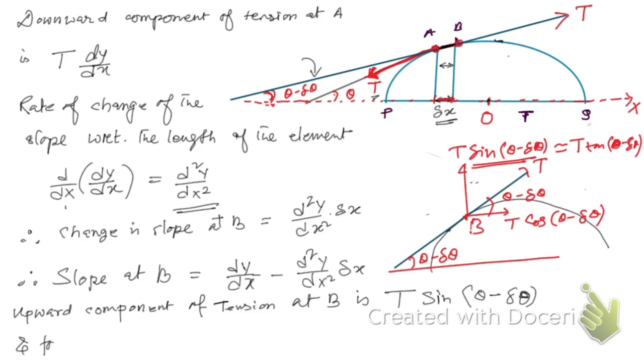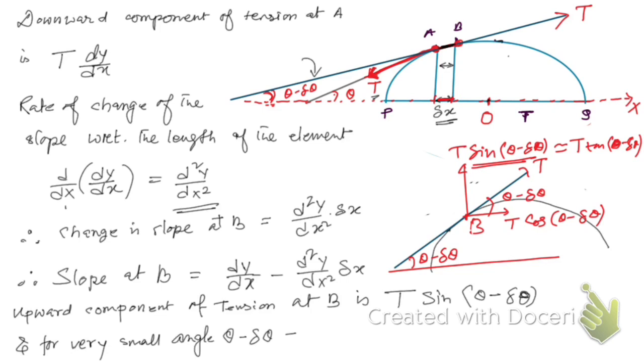For a very small angle, theta is very small, theta minus delta theta will be very small as well, right?